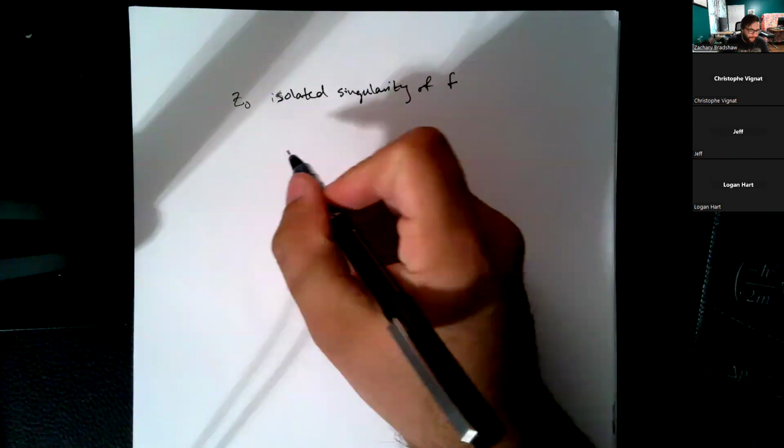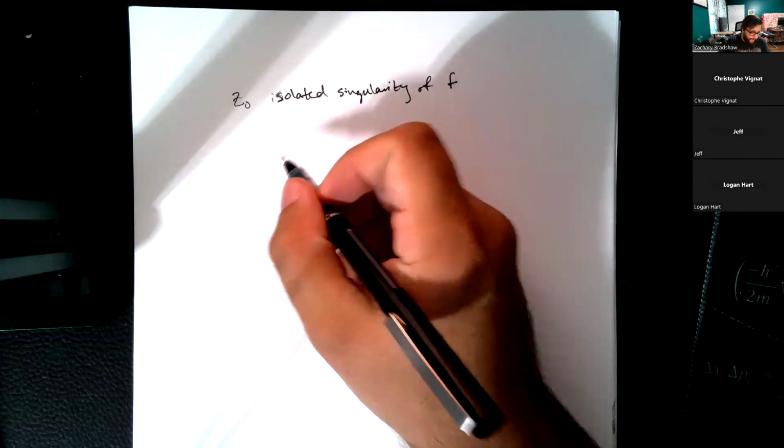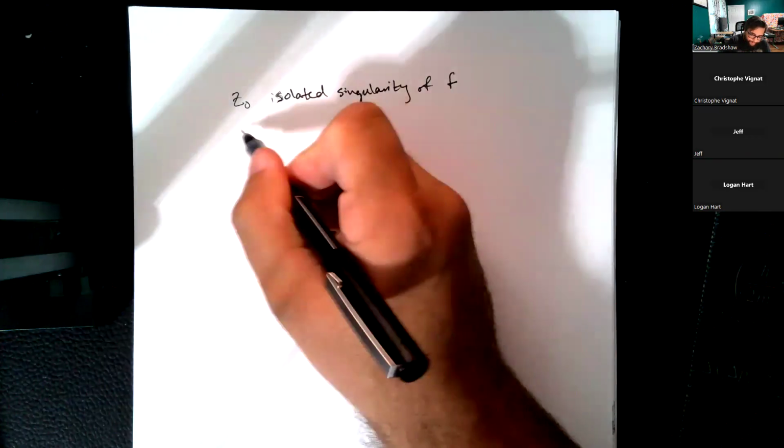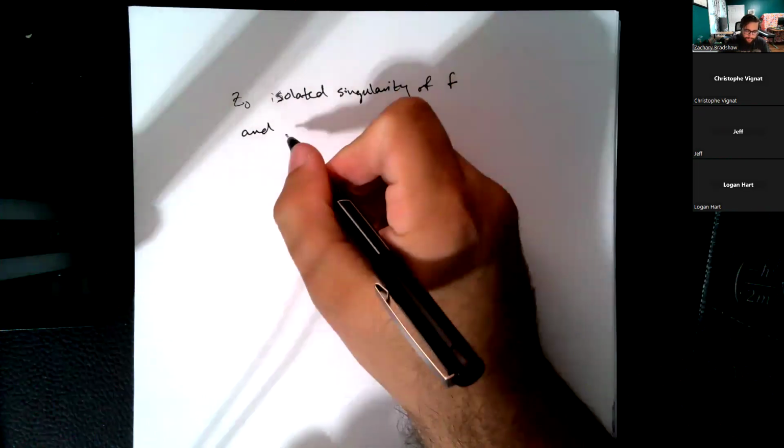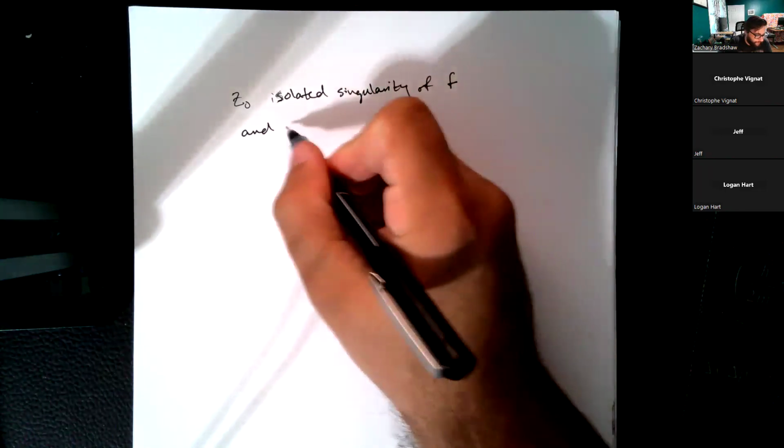It might diverge, or maybe the function's not defined there, in which case you have a removable singularity, or whatever. Something you don't like happens there. And the isolated part just means that we don't have a continuum of singularities. We can separate them by some open set.